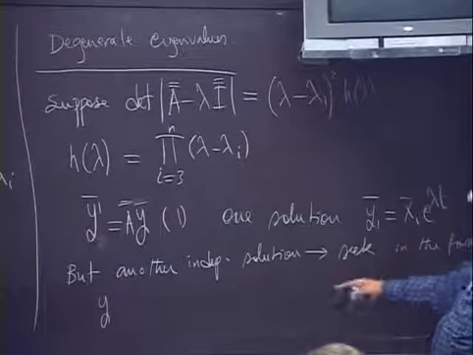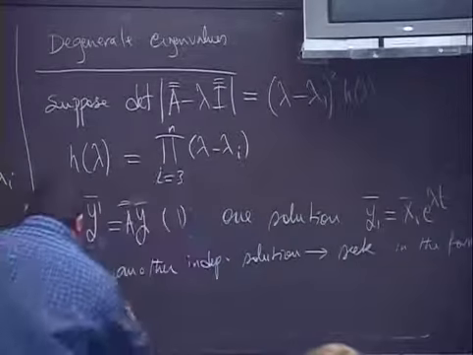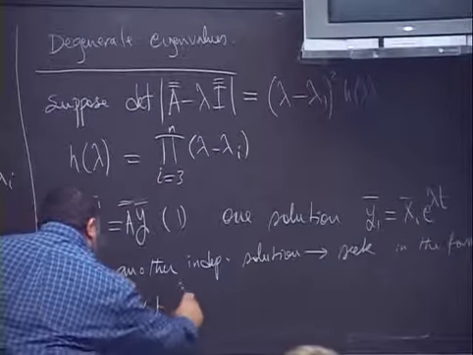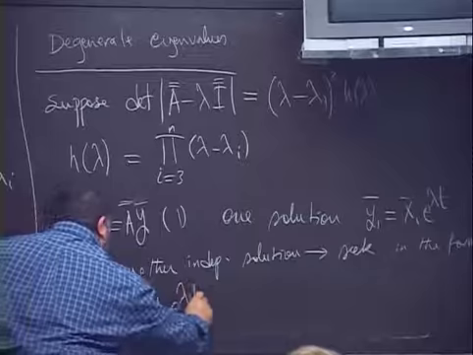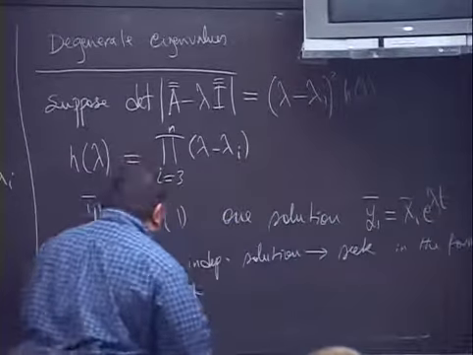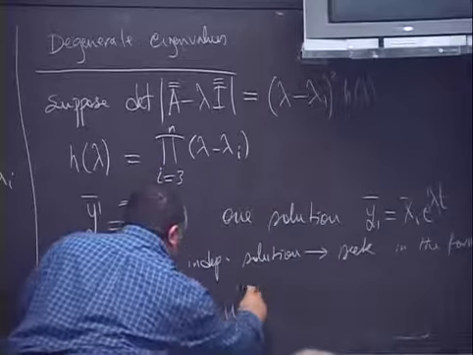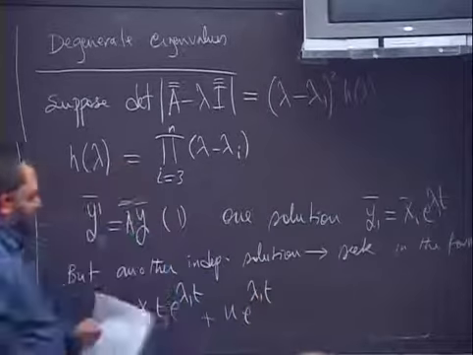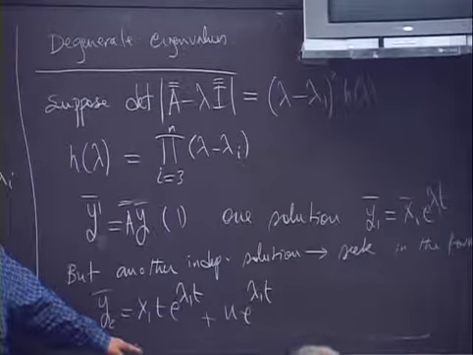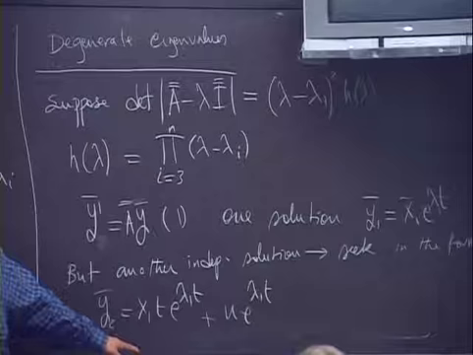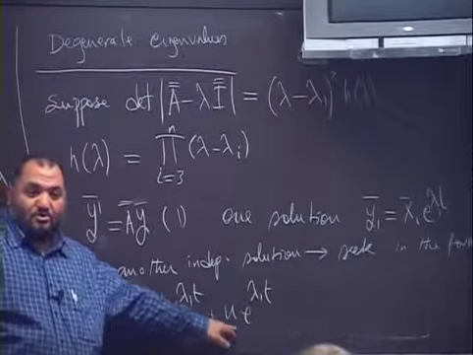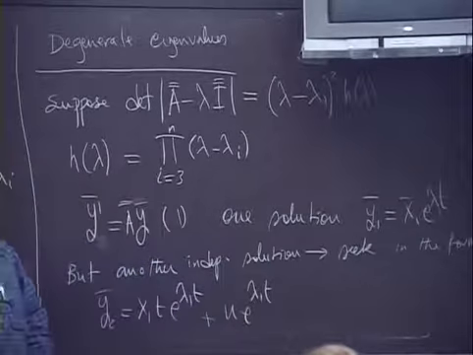So the other one we will seek in the form of what do you expect? y2 will be x1 t e to the power of lambda 1 t, plus some u e to the power of lambda 1 t. So the only difference between the case of a system of coupled linear differential equations is we introduce some u e to the power of lambda t. Okay, guys?